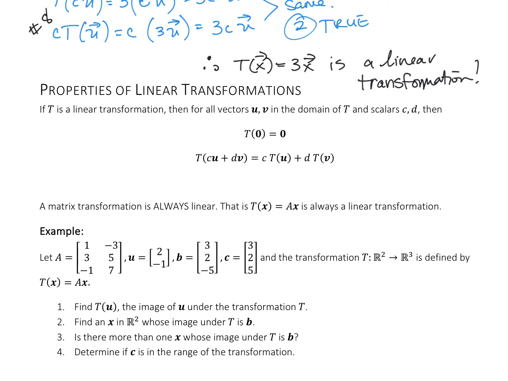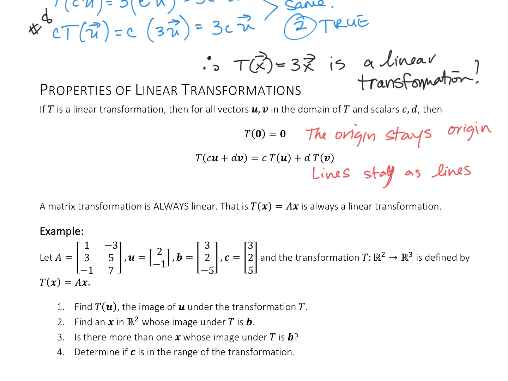Another way of saying this is that the origin stays the origin. In other words, we don't shift or move things. This next one says that lines remain lines. Lines stay as lines. That's it.